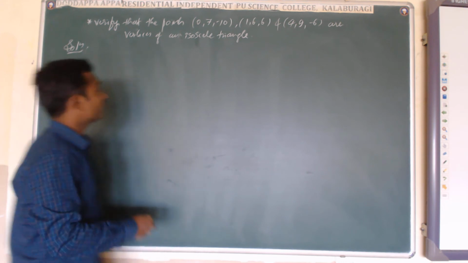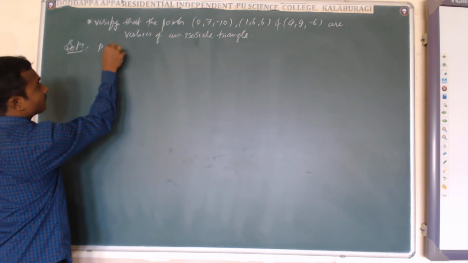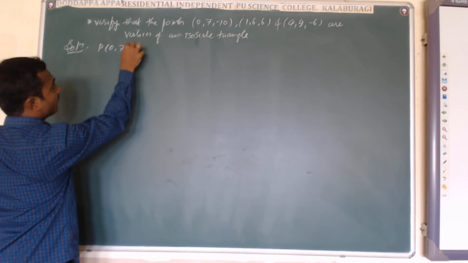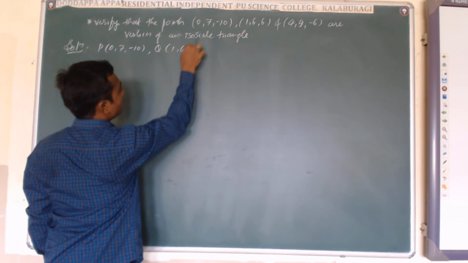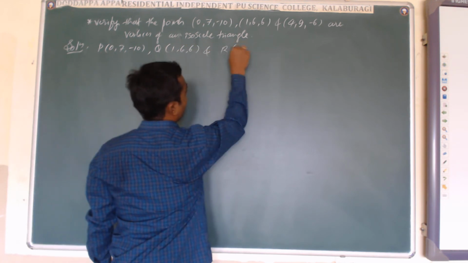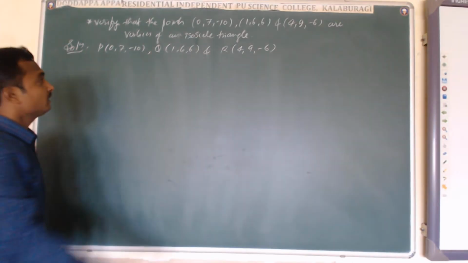So let's find the distance between the given points. Let P be (0, 7, -10), Q be (1, 6, 6) and R be (4, 9, -6). Let us find the distance between these points.